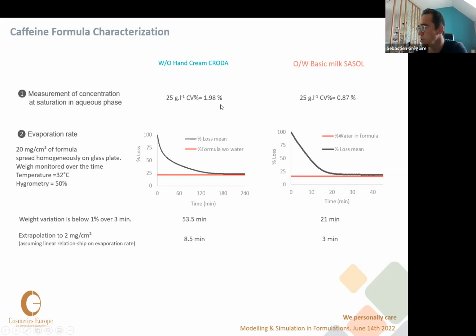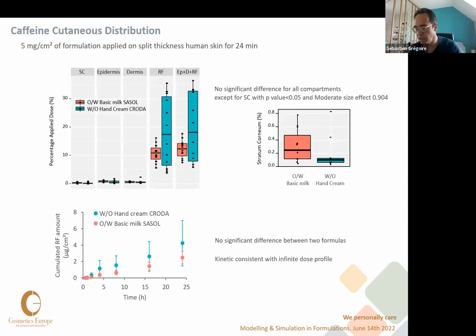We determine also the concentration at saturation of the chemical in the aqueous phase. As for the other study, we performed the classical skin distribution. I don't want to insist so much on the results that I've already shown. Just one thing, there is no significant difference, except for the stratum corneum, between the two formulas.